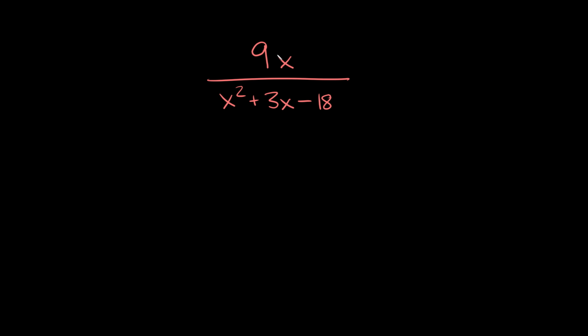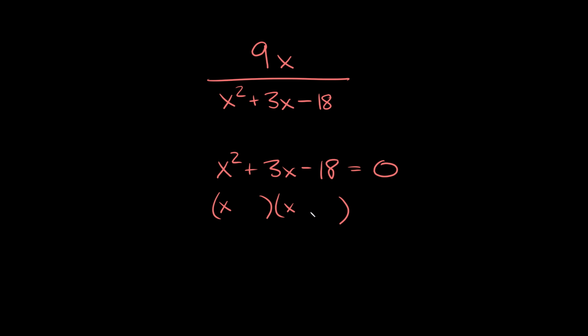Here's the last example that we're going to cover. So we have 9x over x squared plus 3x minus 18. So again, we just want to set the denominator equal to 0. So here we're going to say that x squared plus 3x minus 18 is equal to 0. Now in order to factor this, it's just a quadratic. So we can factor this using two sets of parentheses. So first of all, x squared breaks down into x times x.